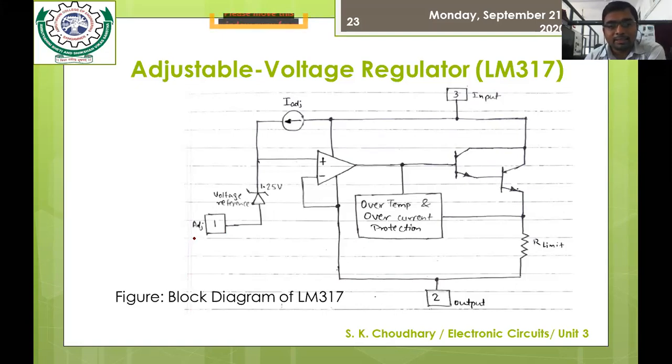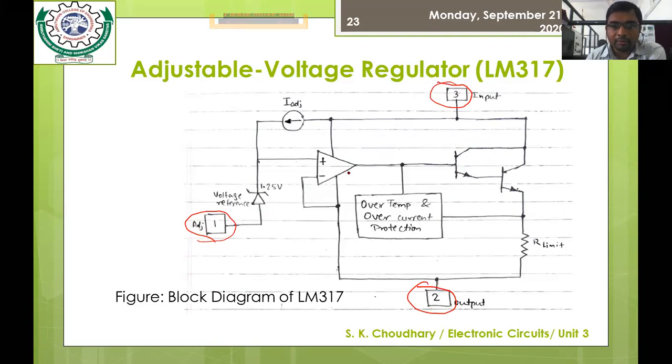And if you see this particular block diagram, there are three important aspects. First one is pin number 1, that is the adjustable pin. Second one is here, the output pin, and third one is here, the input pin.